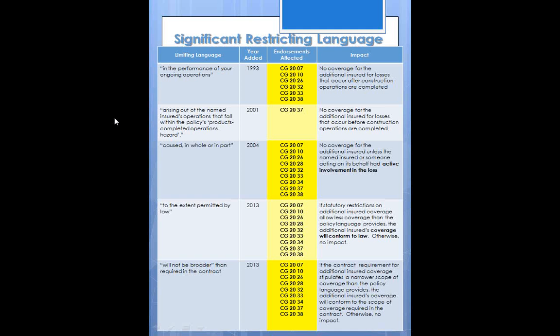What that did is that basically there was no coverage for the additional insured for either the building owner or the property management company unless the named insured, which was, let's say, the contractor or your vendor, or someone acting on their behalf, had active involvement in the loss.